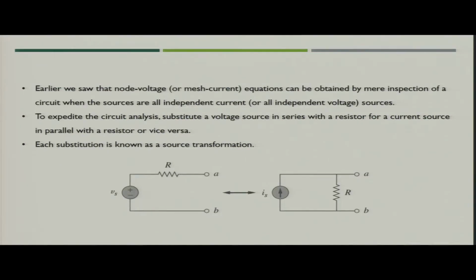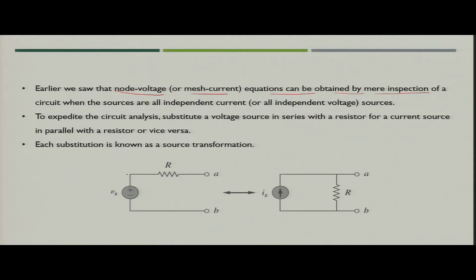Let us understand. In the node voltage or mesh current method, the equations we were obtaining were simply with the help of circuit inspection. We were looking at the circuit, assigning mesh currents in the various meshes and trying to find the value of the mesh currents.